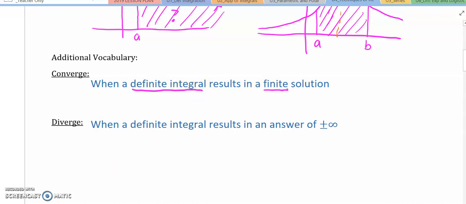Every single integral that we've done up to this point has been converging. We take the definite integral, we run through the fundamental theorem of calculus, and we get a numerical solution. However, when a definite integral results in an answer of either plus or minus infinity, meaning its area is infinite, we're going to say that this integral diverges. So we're going to be using that terminology in today's video.